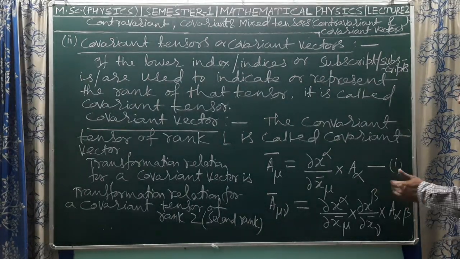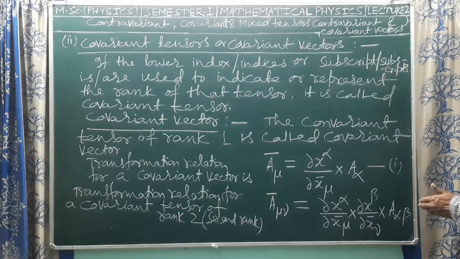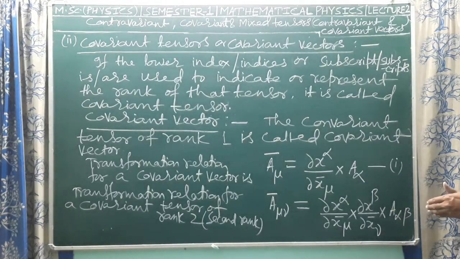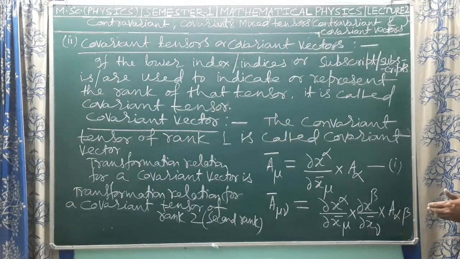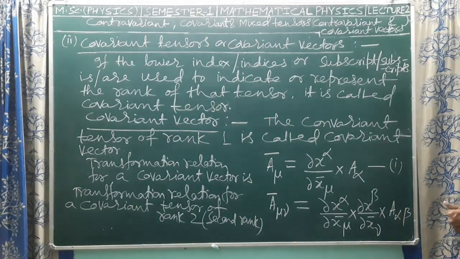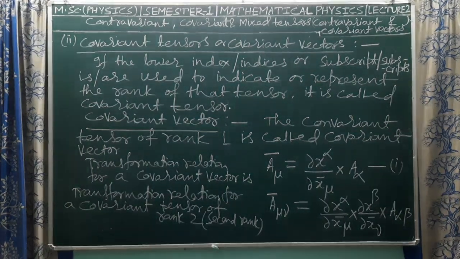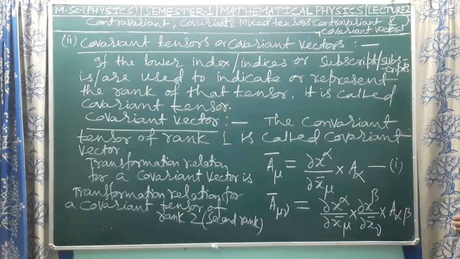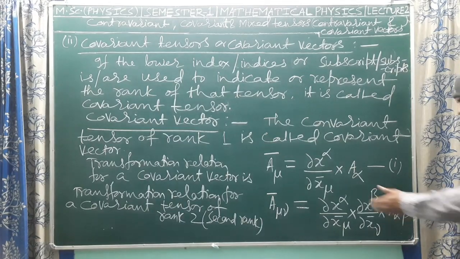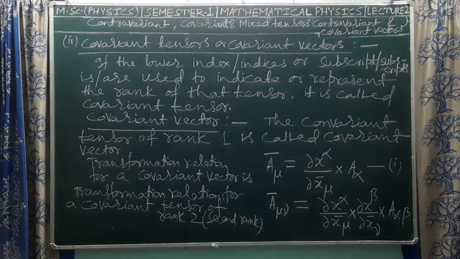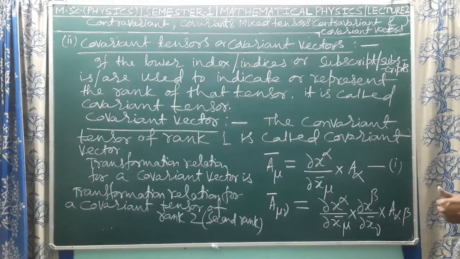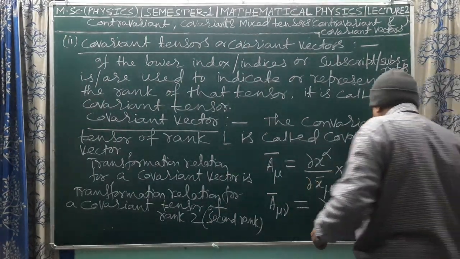If this relation is satisfied, that is, if the components of the covariant tensor a mu nu follow this relation, then it is known as a covariant tensor of rank 2 or second rank.